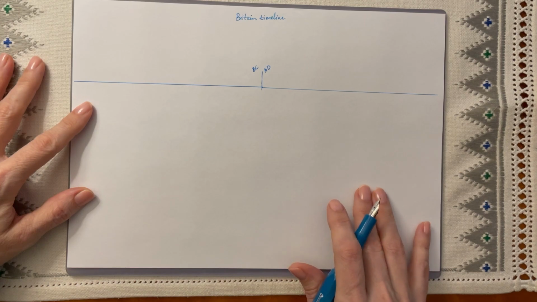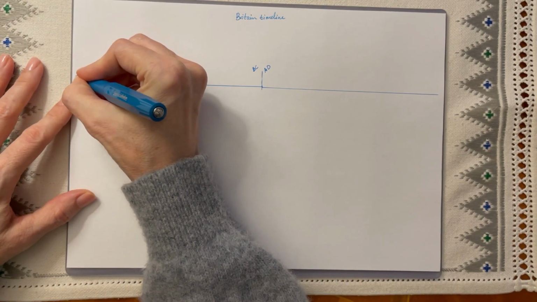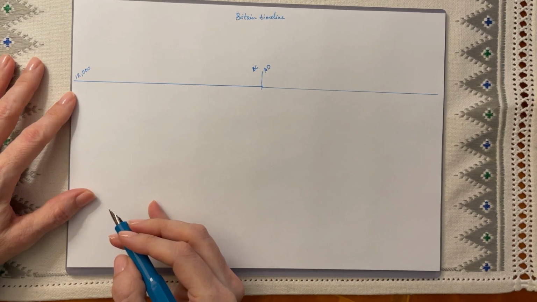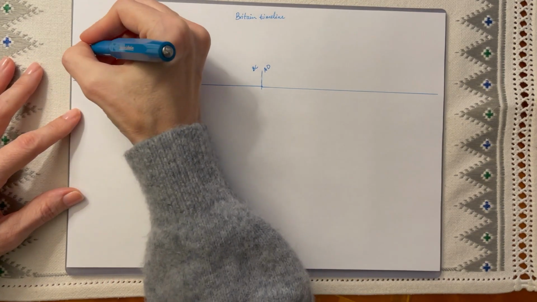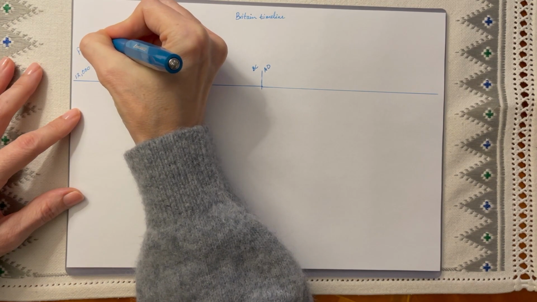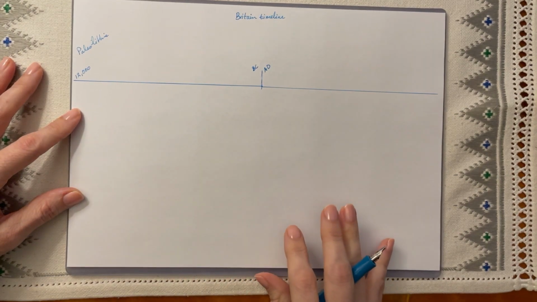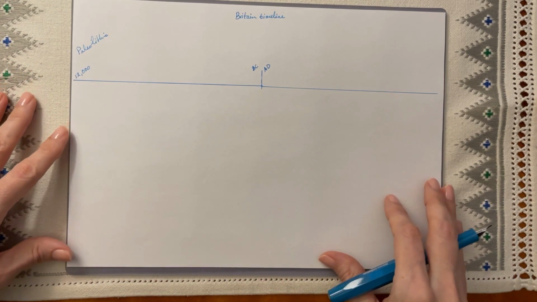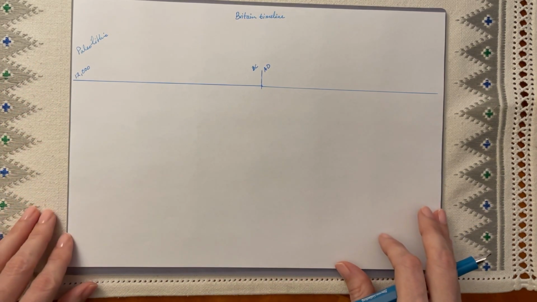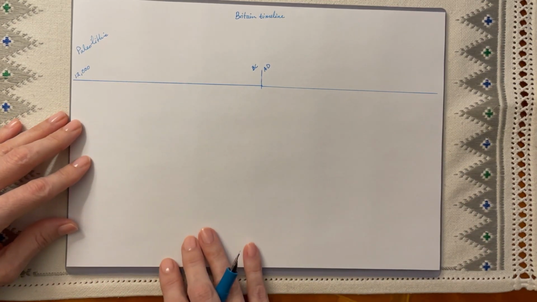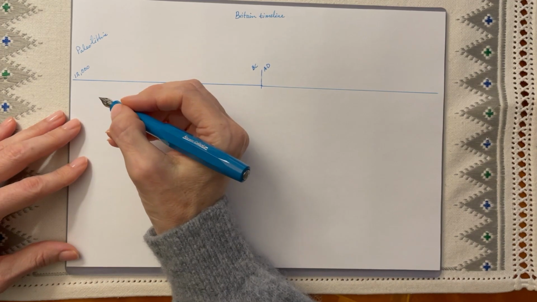So we start with 12,000 BC. This is the Paleolithic Era, roughly, and a lot of these eras I write will be a little bit rough, give or take 2,000 years.